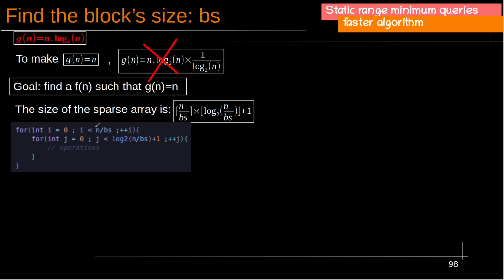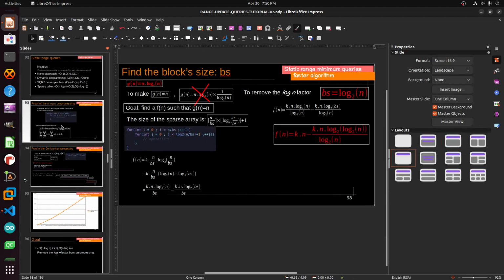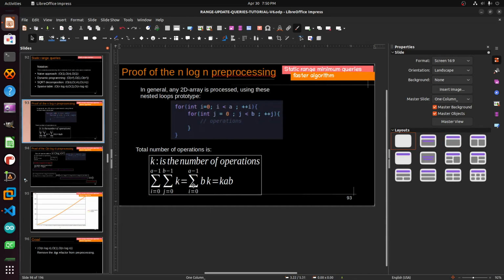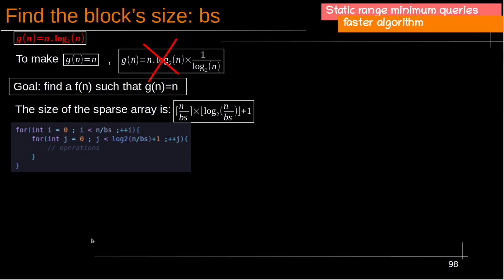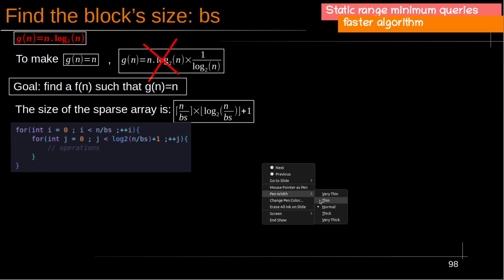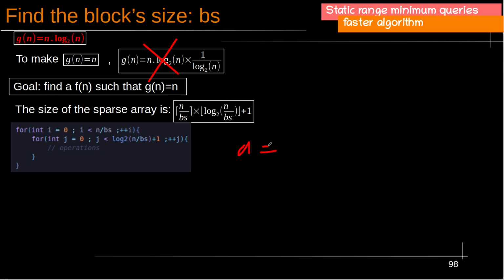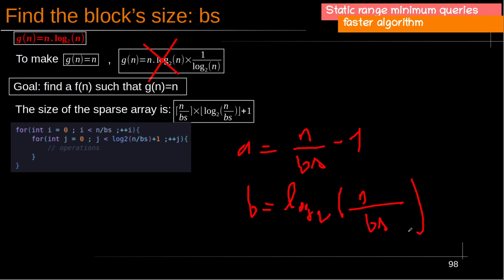If we take here a is n over bs and b is log base 2 of (n over bs) plus 1, and we use this expression, what we're going to have here: a is equal to n over bs minus 1, and b is equal to log base 2 of n over bs, and multiply k, the number of operations k, times a times b.